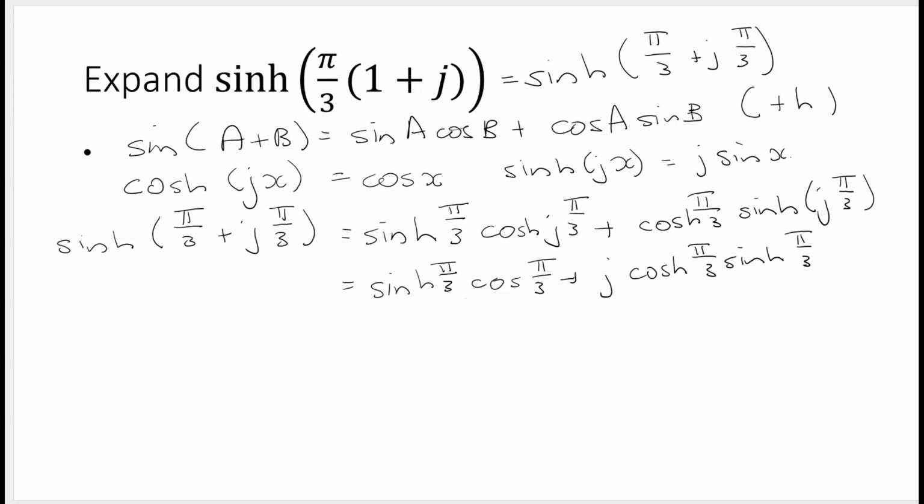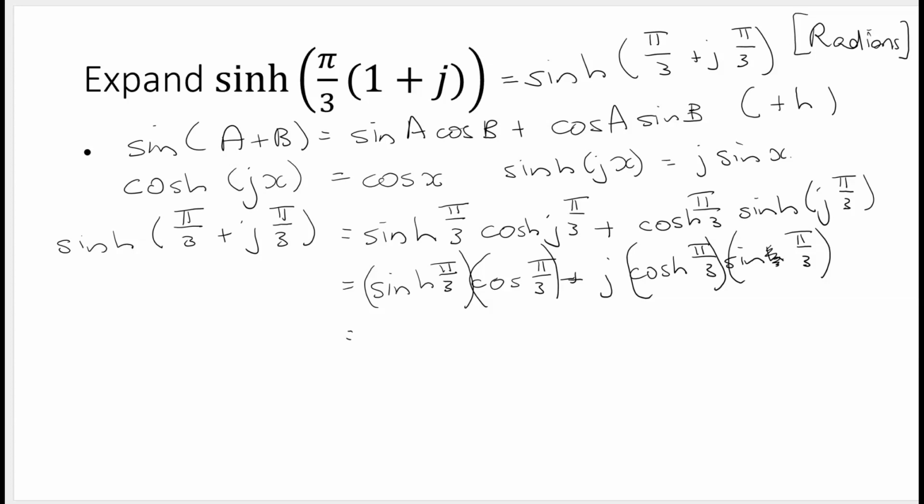Whoops, might have got a bit carried away with my h's there. Sinh j, as we've got up here, is j sine, so we'll just take that out. Now, all we have to do is, with our calculator in radians, we have to just look up sinh of pi by 3, multiply it by cos. Now, I did find that when I'm doing this on my calculator, you really have to do that. Otherwise, it gives you some crazy answers.